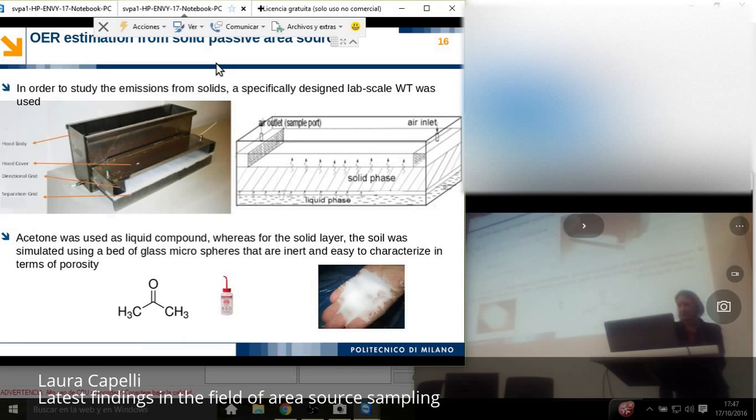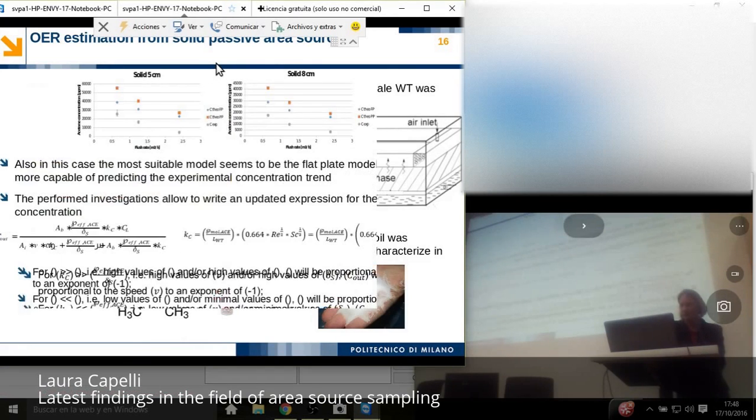And also in this case, we decided to use acetone as a liquid compound. And to simulate the solid, we used glass microspheres. These are inert, and once you know their diameter, it's easy to get their porosity and so on. So it's a solid that is easy to characterize if you want to write a model.